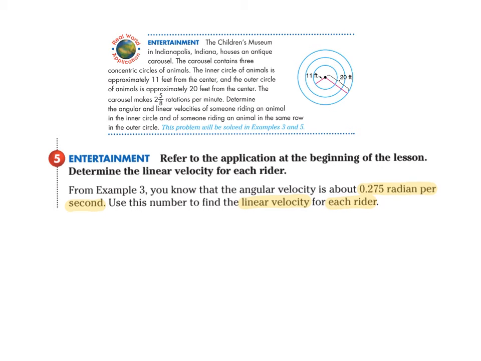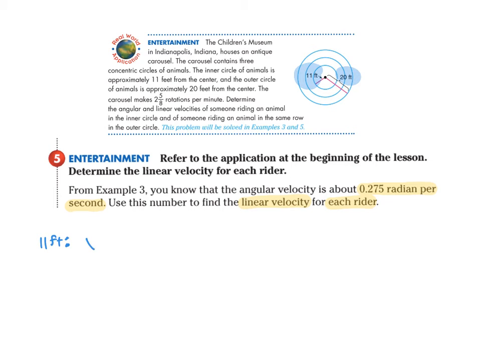Okay, so the angular velocities are actually the same. It doesn't matter where you're sitting on the circle, you're still covering the same number of revolutions. But the linear velocity is going to be different, so let me show you what I mean. Each of them has a different radius, so we have to do the calculation twice. This is for the 11-foot row.